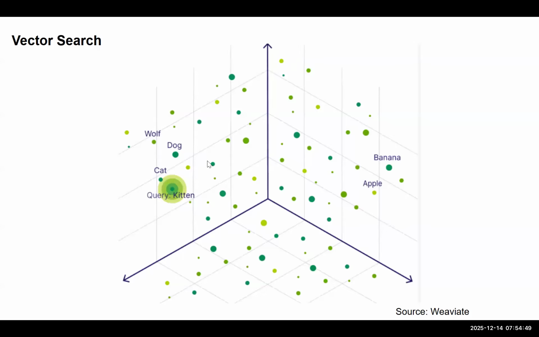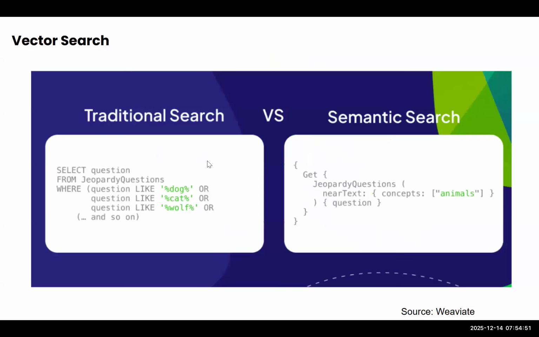So if I want to search for animals, to see all the animals you have in the zoo, say, or wherever animals are referred to in the content, in a traditional search you would say like percent dog, percent cat, percent wolf. You have to list all of the animals. You cannot just say like animals, right?